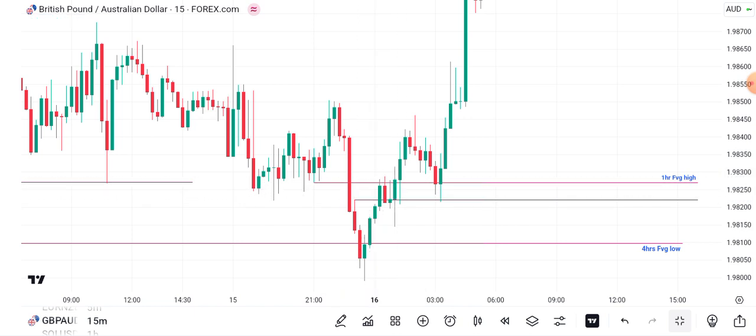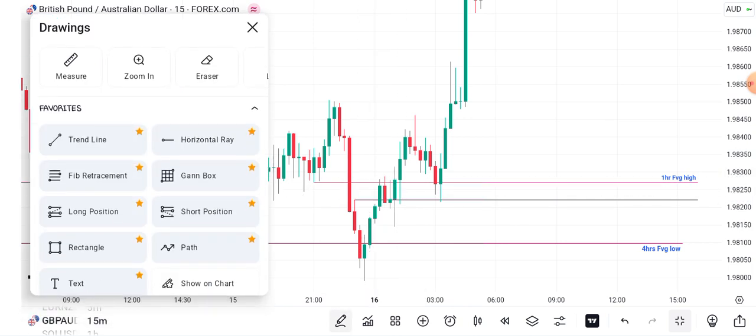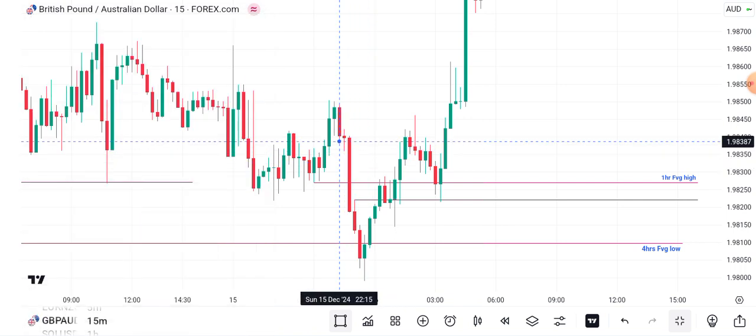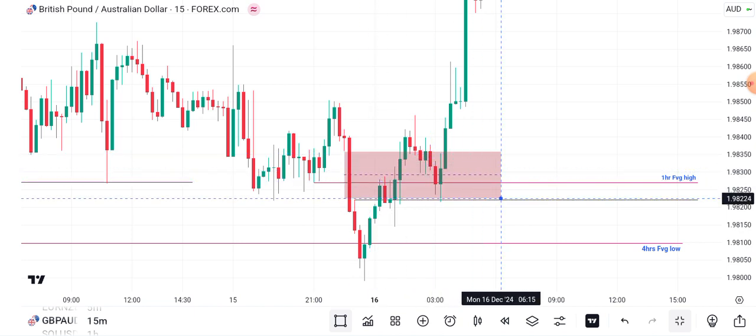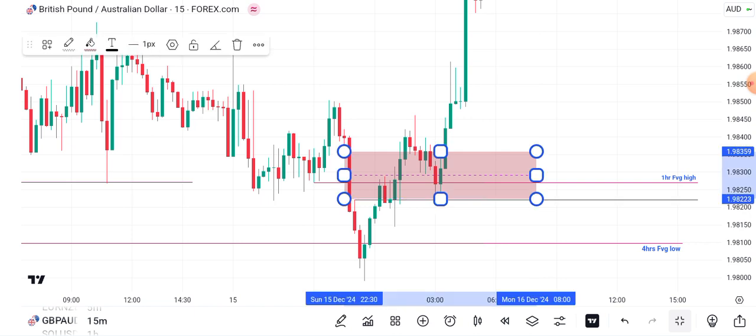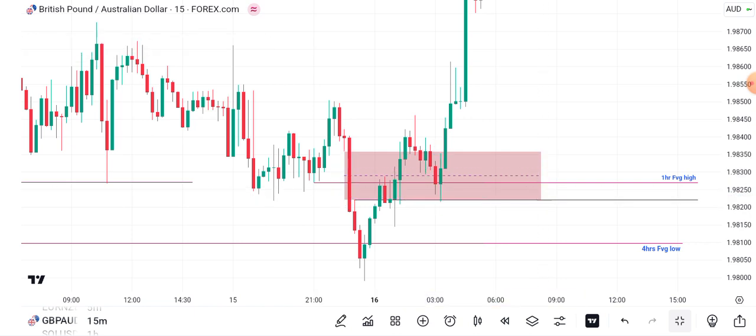It should have reacted from it and then continued lower. But because it was going to reverse for a short term, it invalidated this 15 minute fair value gap.